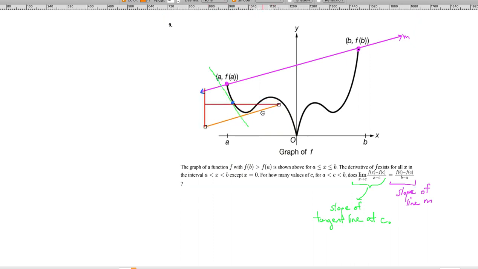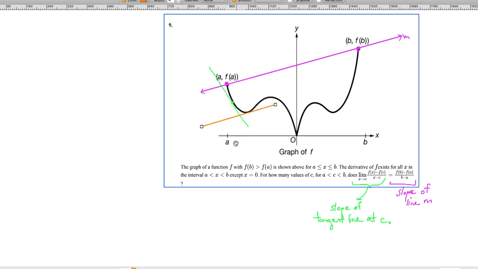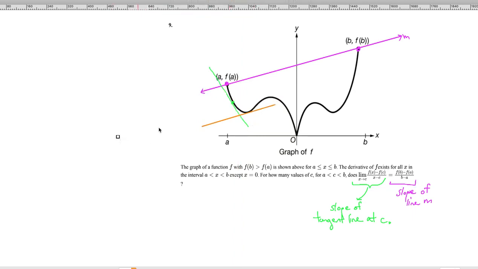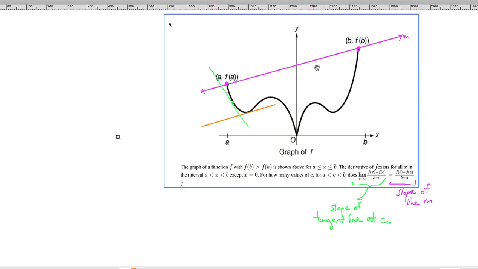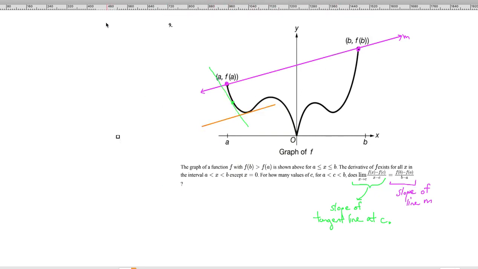Now let's grab the whole thing. Something like right there. This orange line is parallel to this line. So the slope of the tangent line equals the slope of that line M. And that's 1 point, because it's asking for how many values of C. So let's say this is C1.